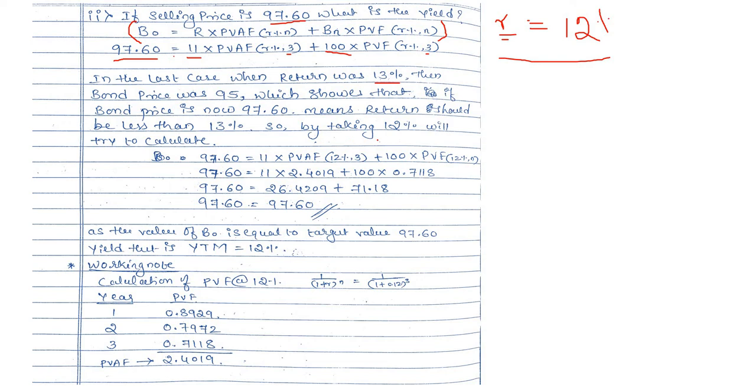So by taking 12% we will try to calculate. 97.60 is equal to 11 into PVAF at 12%, plus 100 into PVF at 12%, where N is 3. Why 12% here? Because we're taking 12% now, as we just said. So 97.60 is equal to 11 into PVAF plus 100 into PVF.